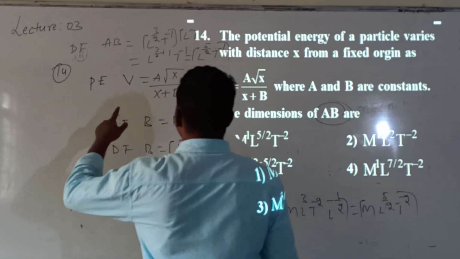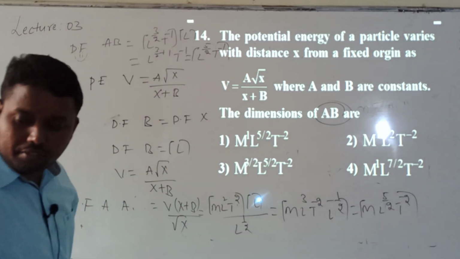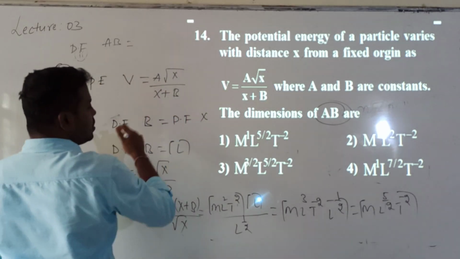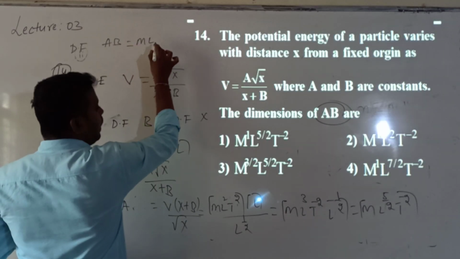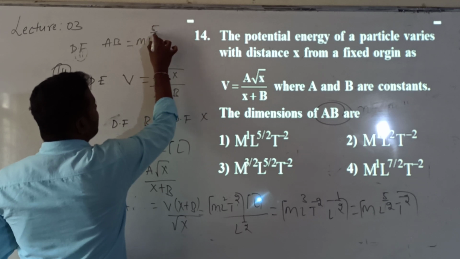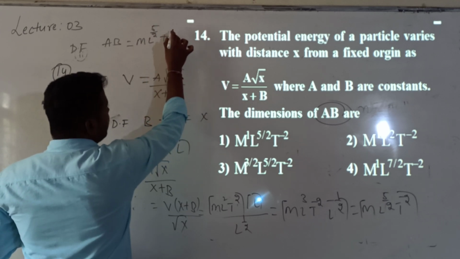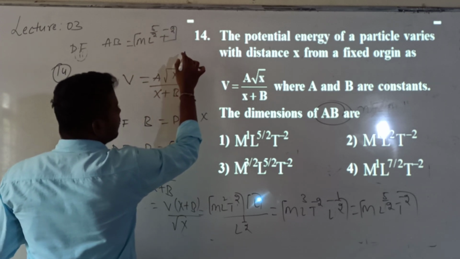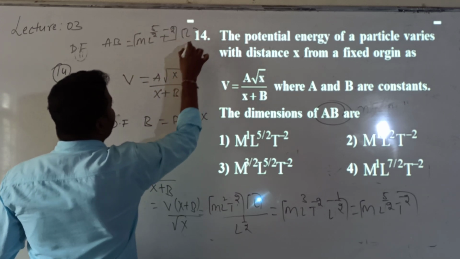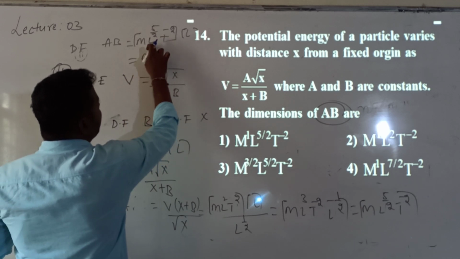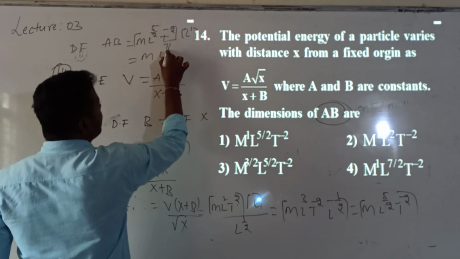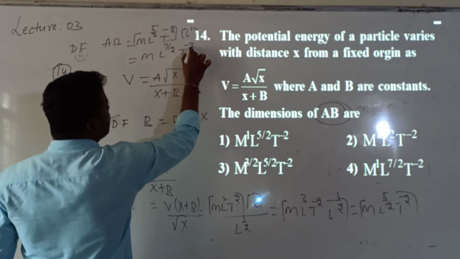Now what is AB? The AB product value. A value is M L power 5 by 2 into T power minus 2, into L. So again M L power 5 by 2 plus 1, L power 7 by 2 into T power minus 2.